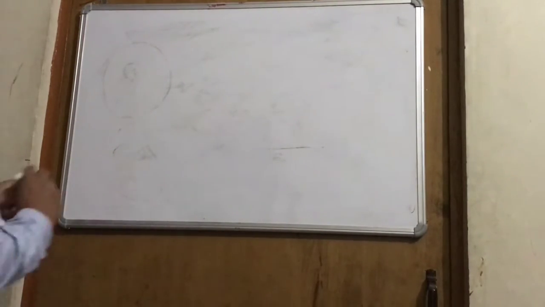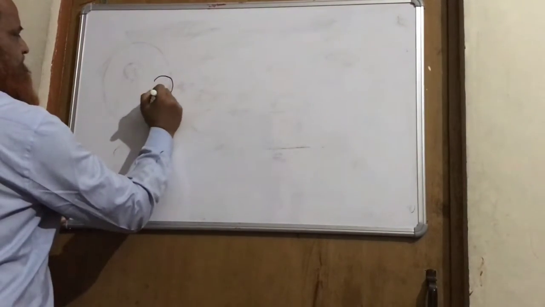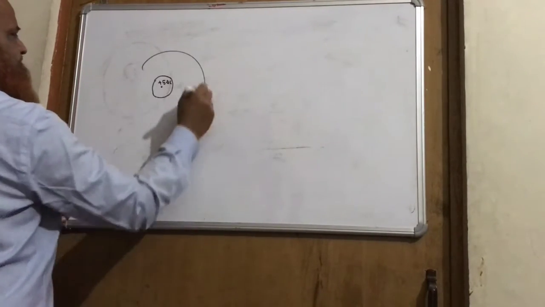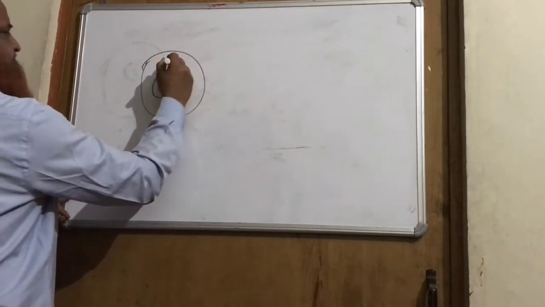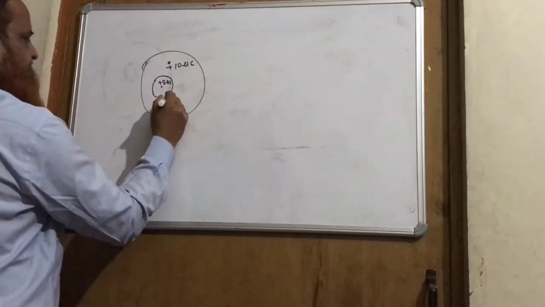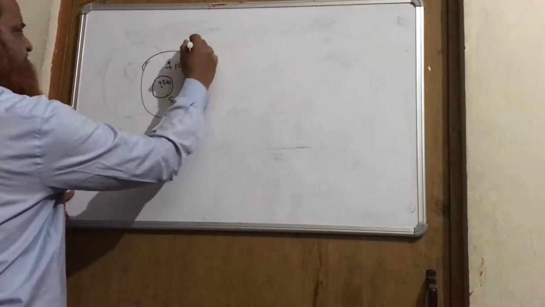Suppose there are two spheres. One has plus 5 microcoulomb, another has plus 10 microcoulomb. This surface is S1, this surface is S2.